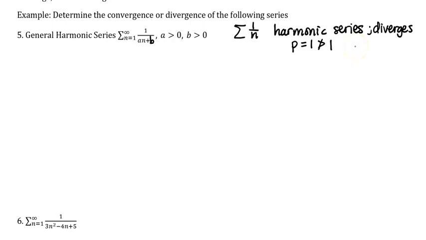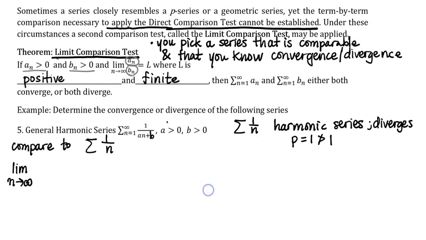So let's figure out, what does this series do? I'm trying to figure out convergence or divergence for a general harmonic series. I would guess that it also diverges because it looks a lot like a harmonic series. So I am going to compare this to the harmonic series. Let's take the limit as n approaches infinity. This is what the limit comparison test tells us to do.